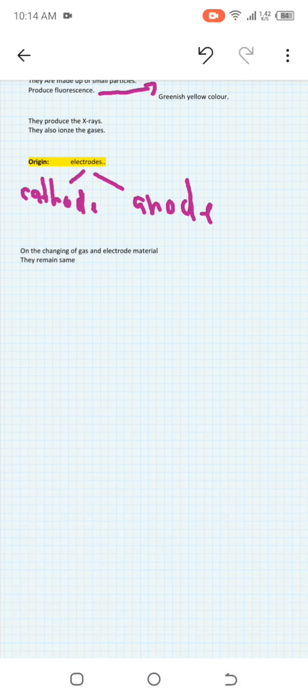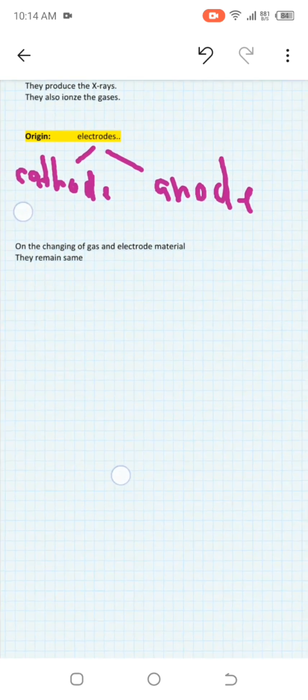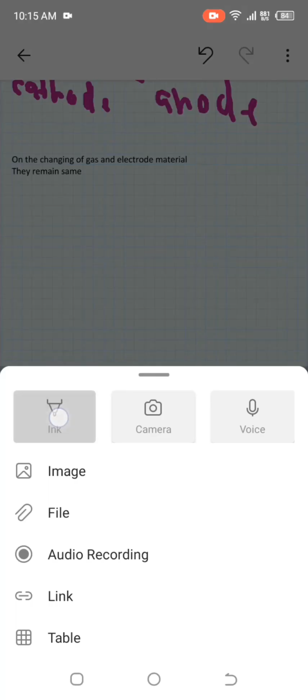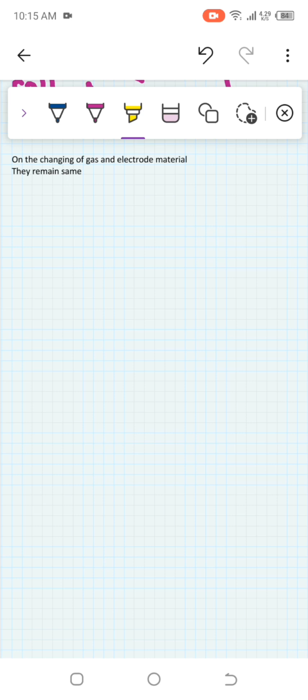There will be no effect on these electrons because these are fundamental particles. By changing the gas or electrode material, they will remain the same. Okay.